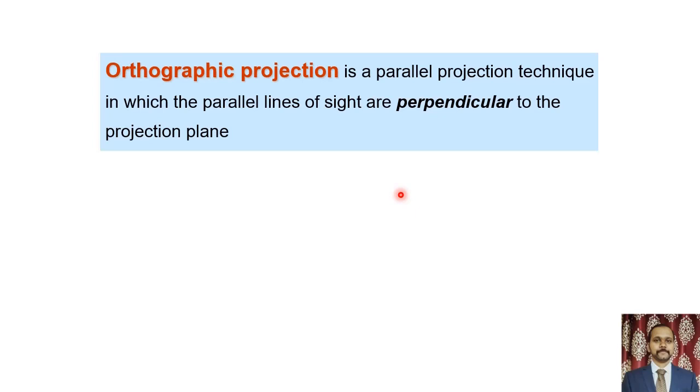So when we see an object in front of us using a line of sight perpendicular to that object, whatever projection forms is called an orthographic projection. It is exactly 90 degrees when we are seeing the object.